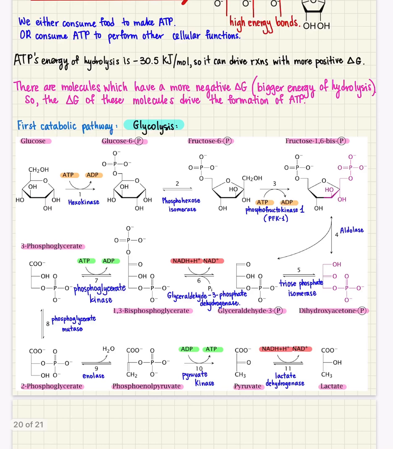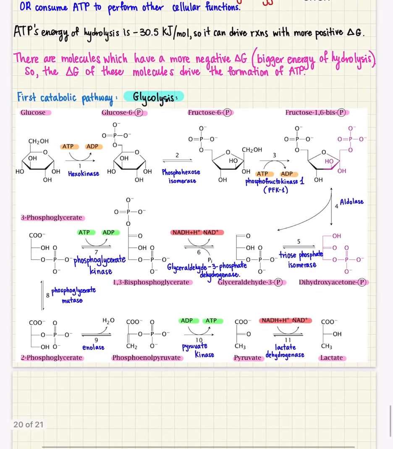Now, to put that concept in numbers, in delta Gs, we can say that ATP's energy of hydrolysis, meaning the energy that is released after we hydrolyze one phosphate off, is negative 30.5 kilojoules per mole. And as you remember, a negative delta G is a spontaneous reaction. Because this is so negative, it can drive reactions that have more positive delta Gs that are not as spontaneous as this.